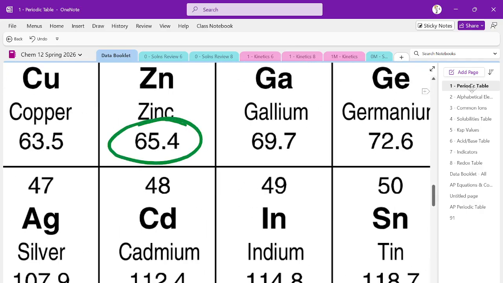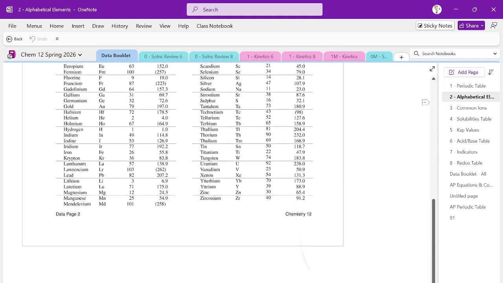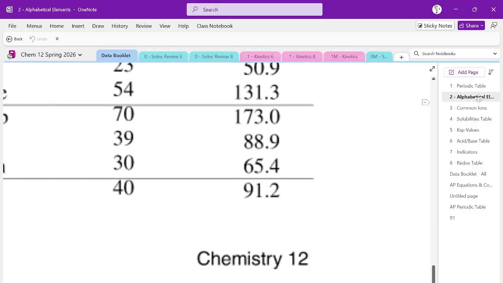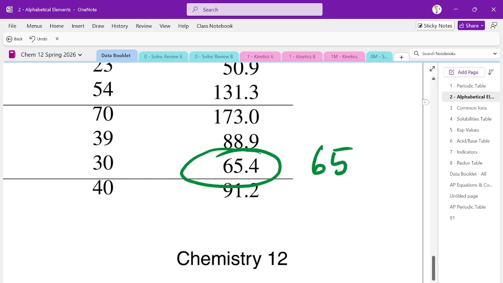And if you have trouble finding it on the front, there is also the alphabetical listing where you find zinc, and it is 65.4. What is the unit of that 65.4? Not just grams, grams per mole. Now you have a conversion factor that allows you to convert between grams and moles, okay?